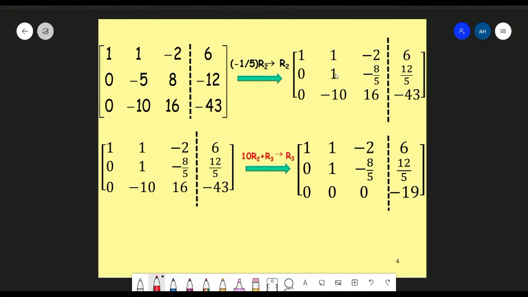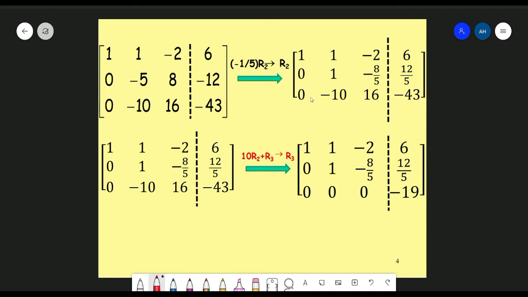Yes, and that's what we would like to have, because that will be our leading 1. 8 divided by negative 5 becomes negative 8 over 5. Negative 12 divided by negative 5 becomes positive 12 over 5. So that's what we have so far, after dividing row number 2 by negative 5.